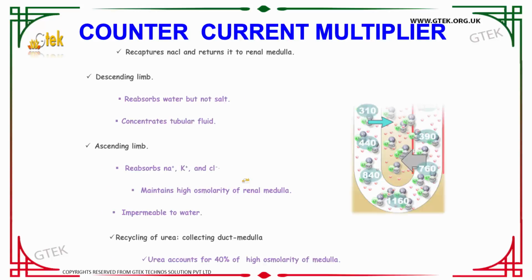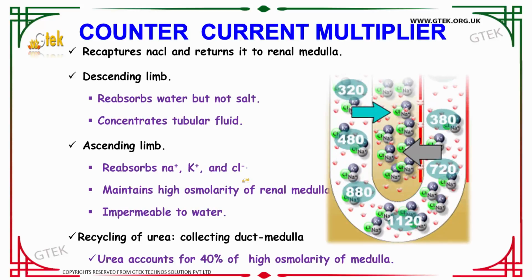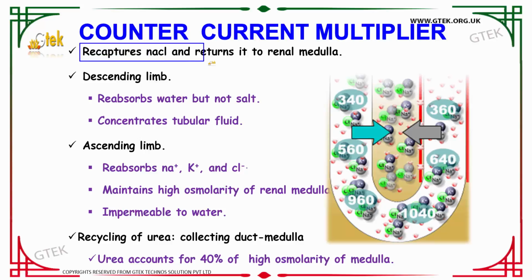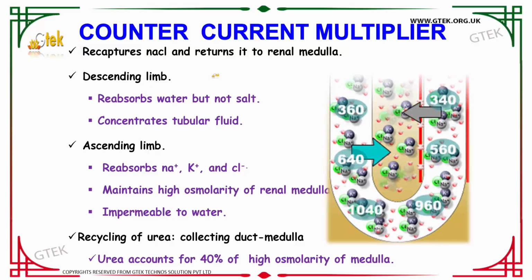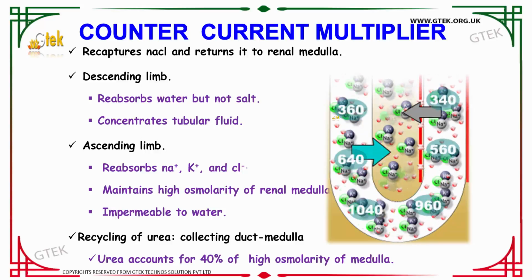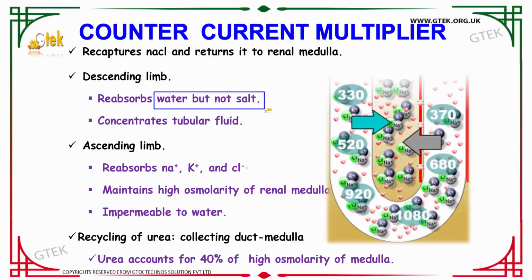Next we are going to study about the counter current multiplier. In counter current multiplier, the main purpose is to recapture the NaCl and return it to your renal medulla. If this is your Henle's loop, then the descending limb reabsorbs the water but not the salt, and hence it concentrates the tubular fluid.